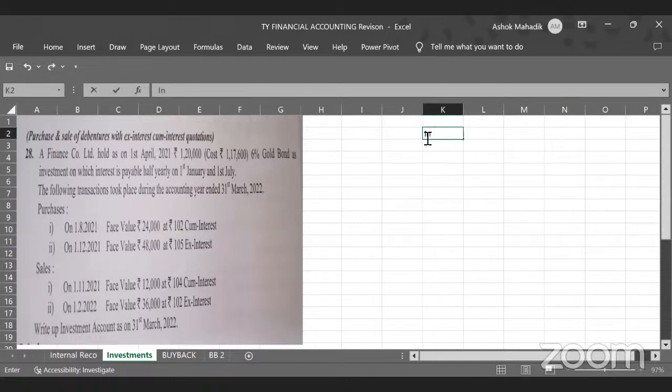I'll write in the books of. Okay. Then your ledger account will be date. Name of the account first I'll write 6% gold bond.